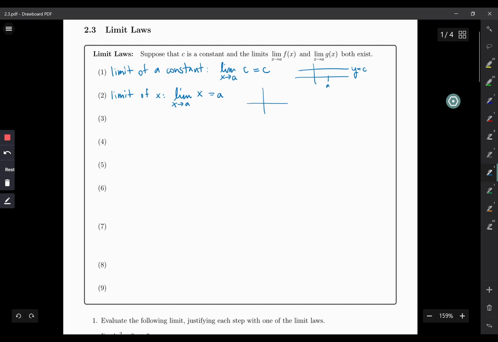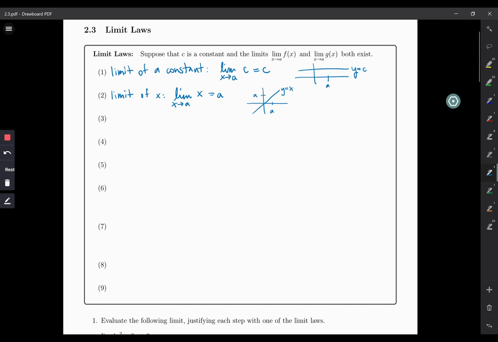The line y equals x looks like this. Whatever a is, the value of the function at a is also a, right? So in this case, the limit as x goes to a of x is equal to a. Okay, so those are pretty basic.